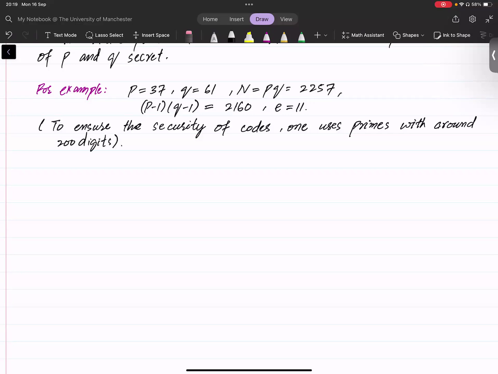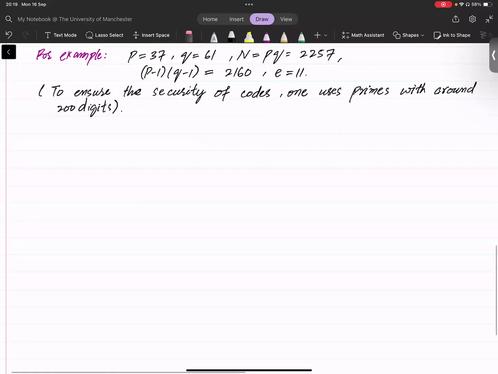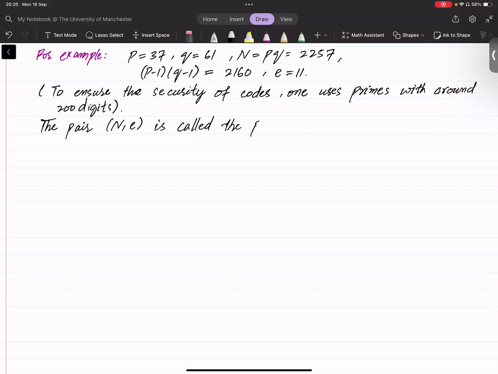This is just an example. Now the pair N comma E is called the public key. Everybody knows it.